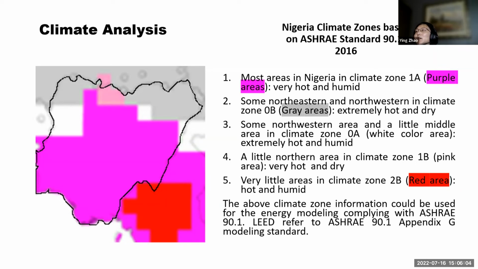In Nigeria there are some hot and humid climate zones, and extremely hot and dry zones in the gray area in the north, and some extremely hot and humid, that's the white area, and the very hot and dry, that's the pink area.